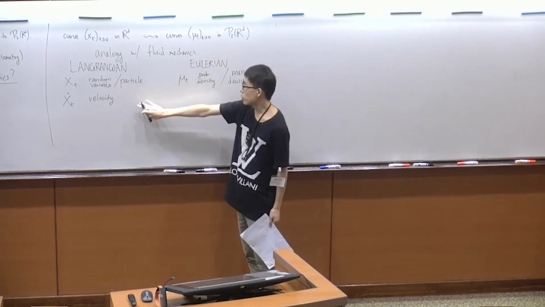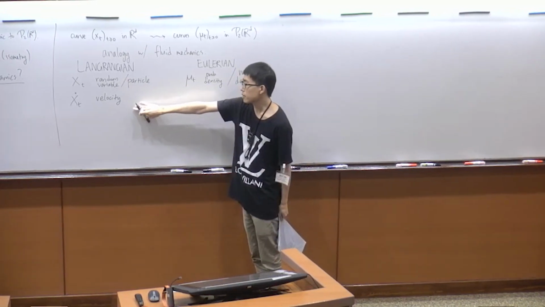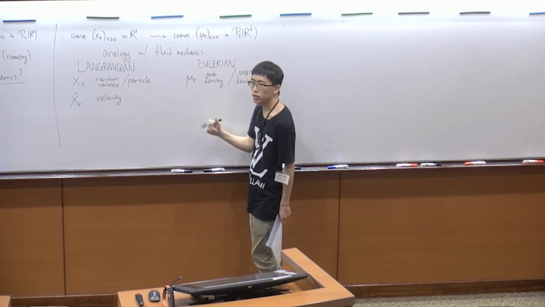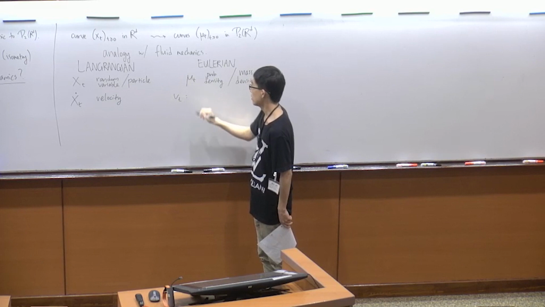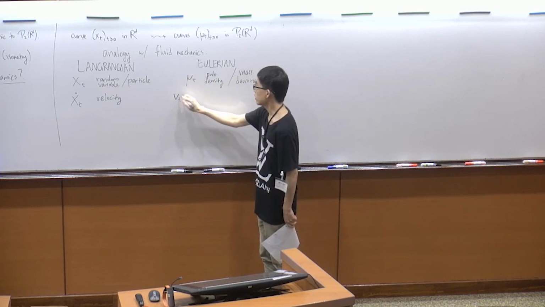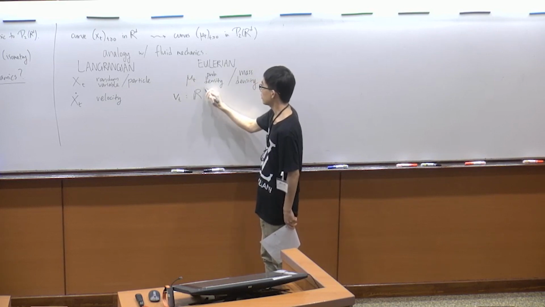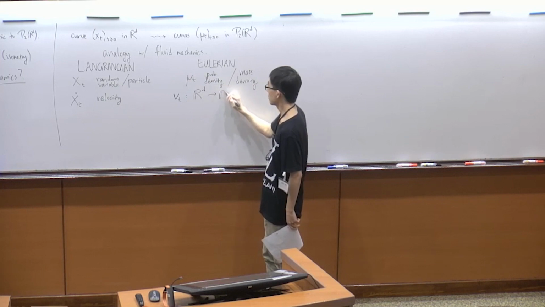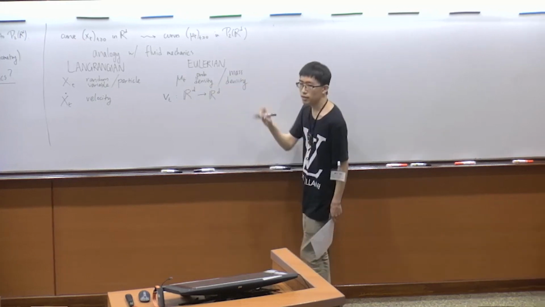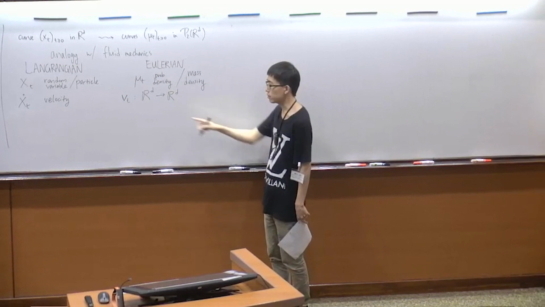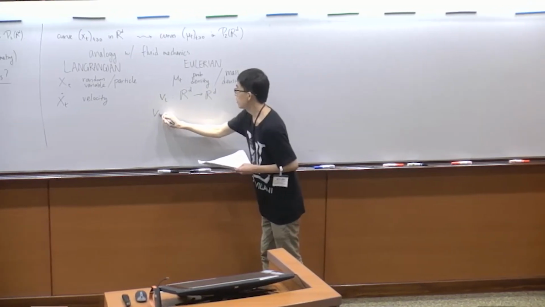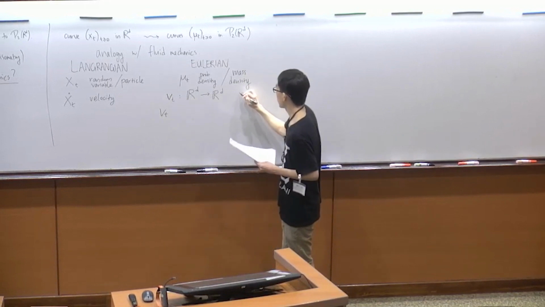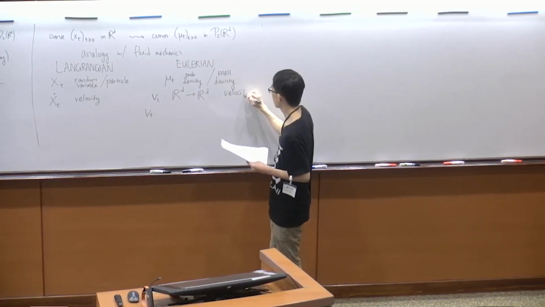Similarly, in the Eulerian perspective, rather than looking at the velocity of an individual particle, we're going to look at the velocity vector field. This is going to be denoted Vt. The velocity vector field is a vector field. It assigns a vector to every point in space. It's a mapping from Rd to Rd. I'll write velocity field.